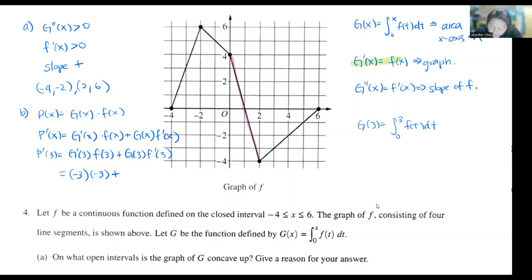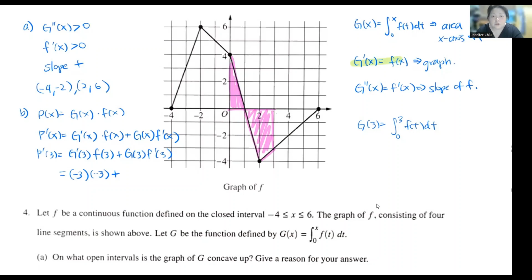I see my function between 0 and 3 and the x-axis. So I'm looking for this area here and this area here. That's g of 3. I'm going to work that out on the right-hand side so you can see how I get my values, okay?